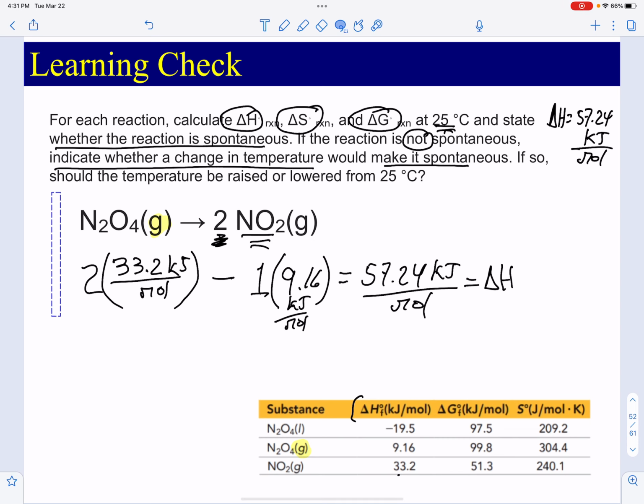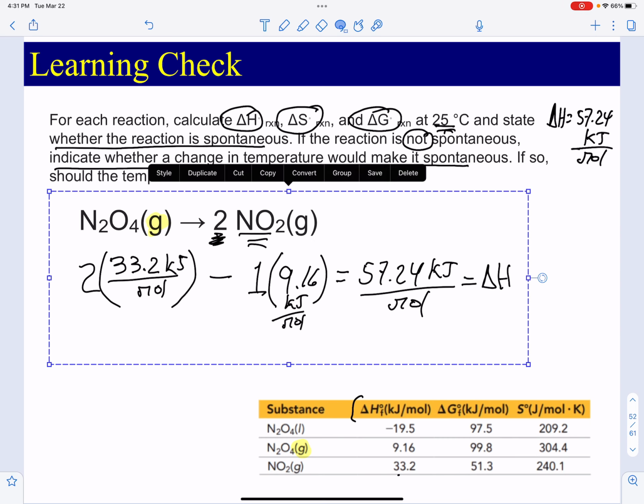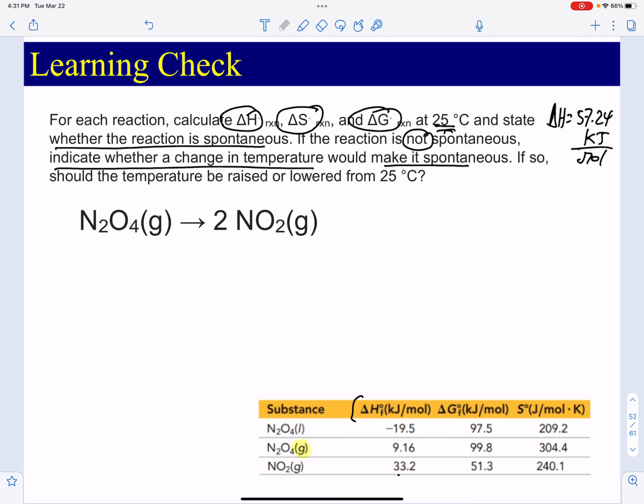Let's calculate the entropy the same way we did before. So the entropy is going to be, once more, the product, which is two of them, multiplied by 240.1. And these are going to be joules, not kilojoules.